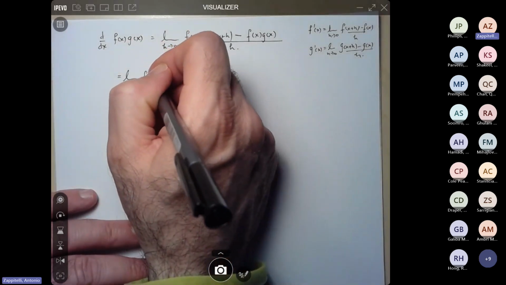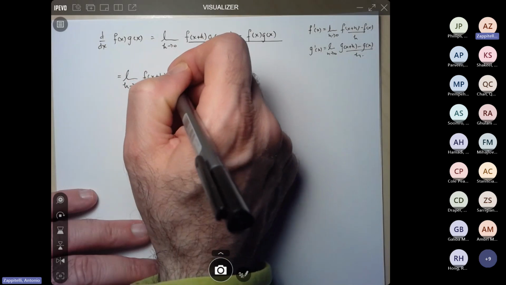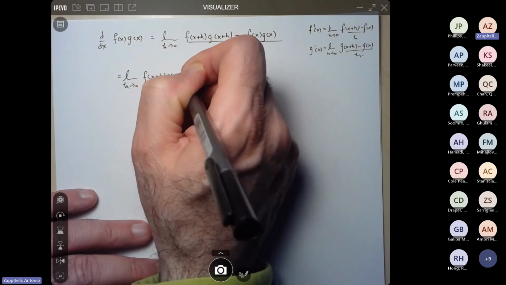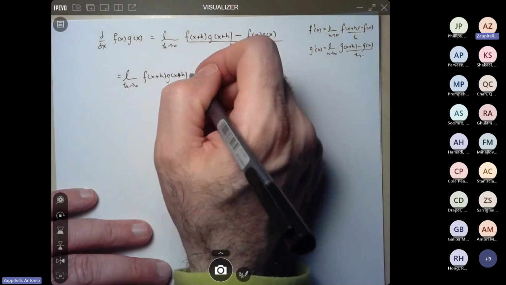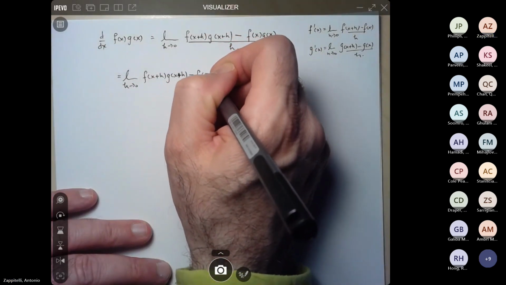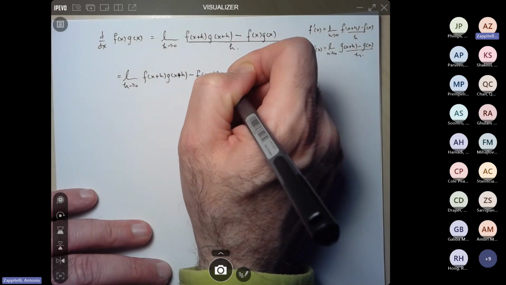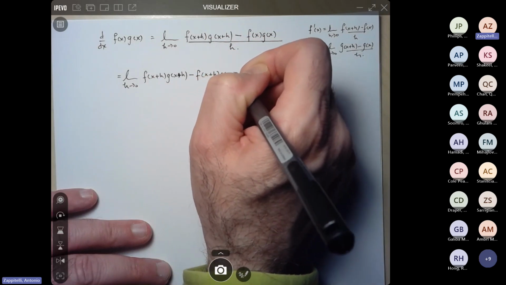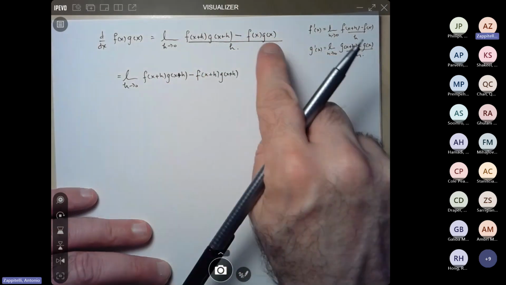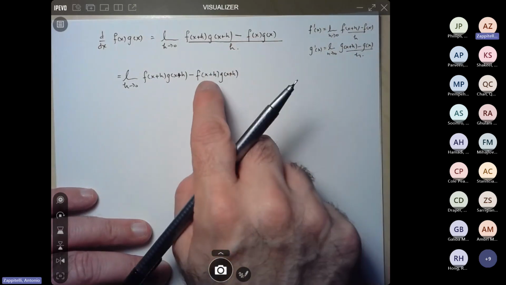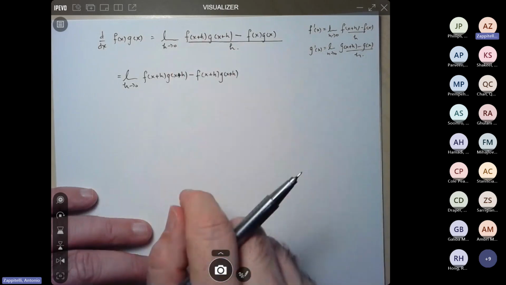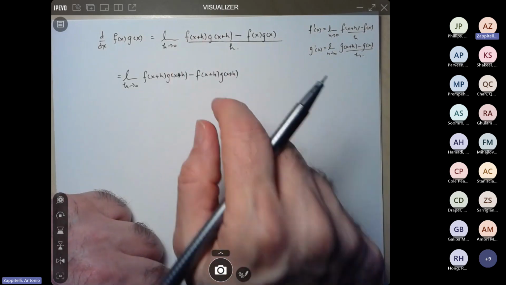So I have my f at x plus h, g of x plus h. I'm going to stick in that expression that I said I needed, minus f at x plus h, g of x plus h. And then, of course, I still have the minus f at x g of x. But I just put something new into the expression, which means I changed it.